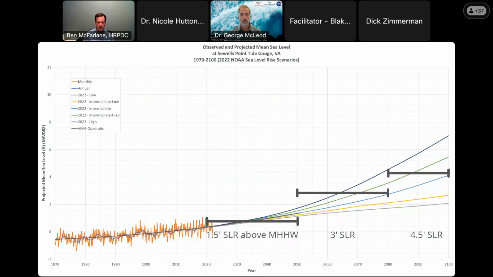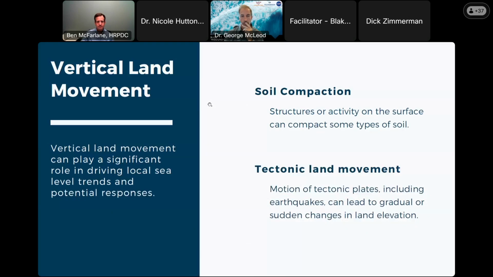The horizontal lines are just the planning horizons that we're using, but those curves have all been adjusted to account for the different regional impacts that we're seeing from sea level trends, from both the on-land measurements at the different tide gauges, and also the satellite measurements from the various equipment and the programs that NASA has put out there.